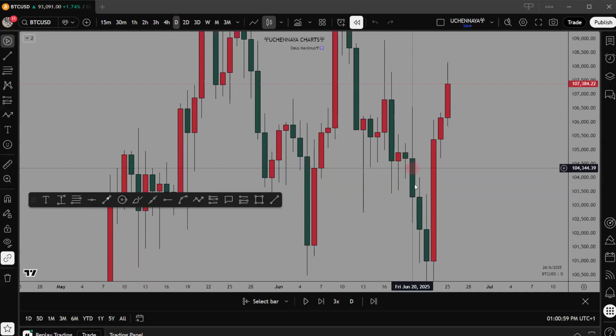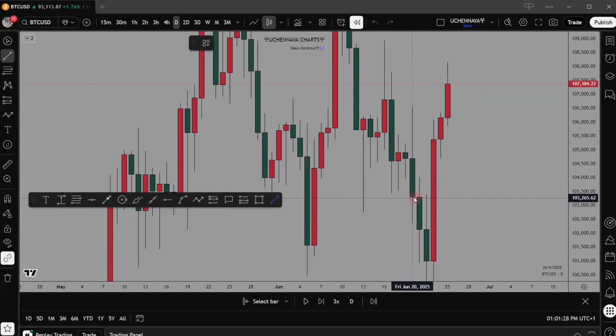This is OCL open close. It's basically this little gap between candles of the same color. Bullish open close is the gap between two bullish candles. Bearish open close is the gap between two bearish candles.